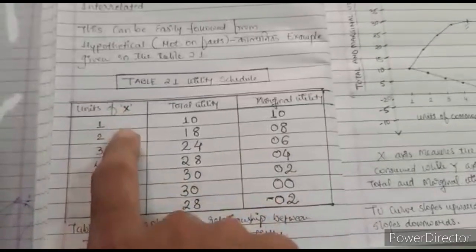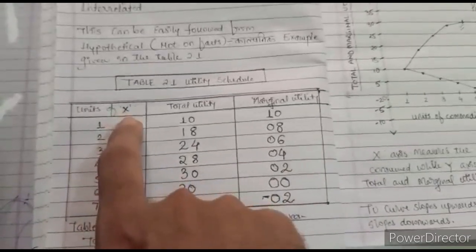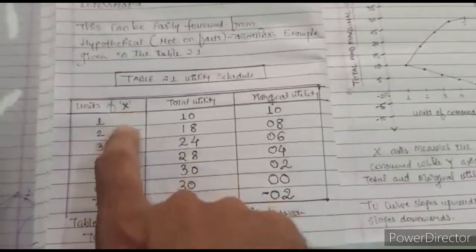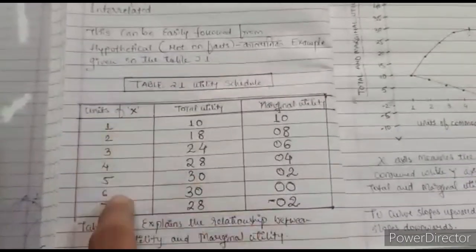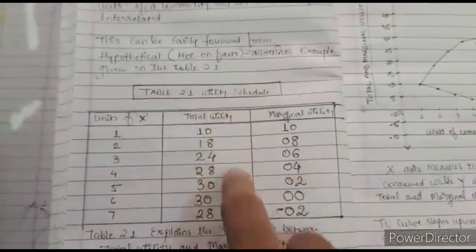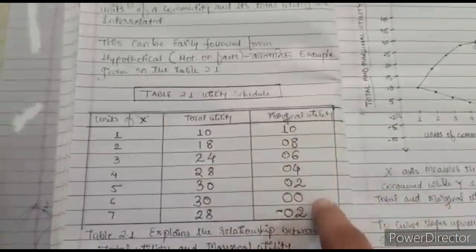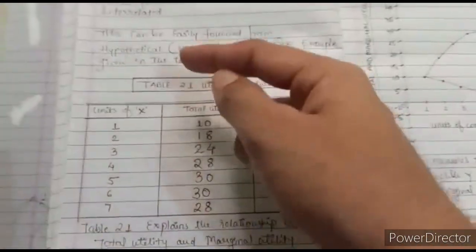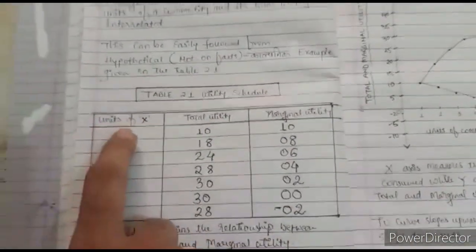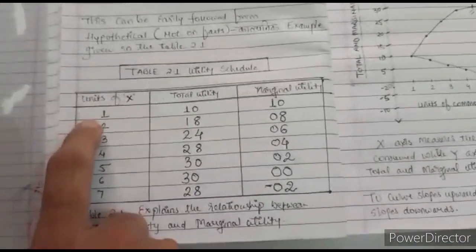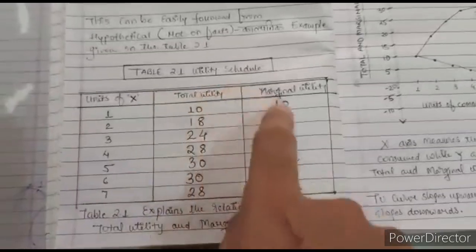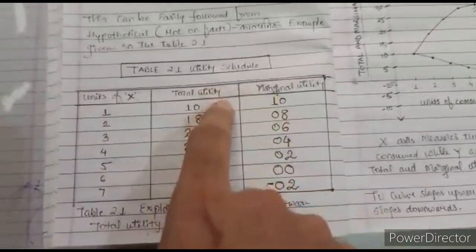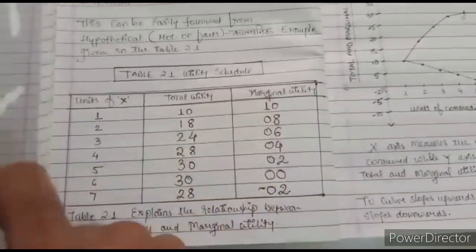In the table we have three columns, starting with the first unit of X. X is nothing but your commodity. We took 7 commodities. Now we have a total utility, and then a marginal utility. In the previous video I made this table live with all the explanation, but the video was unable to be sent.